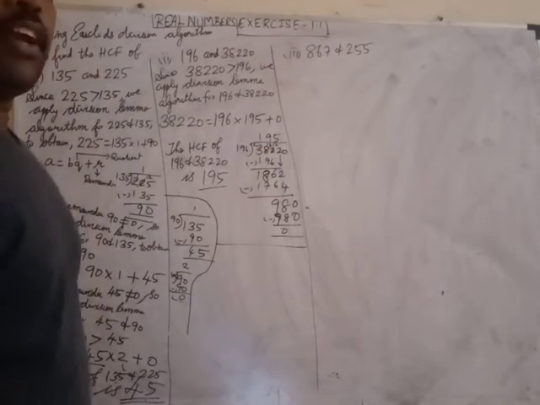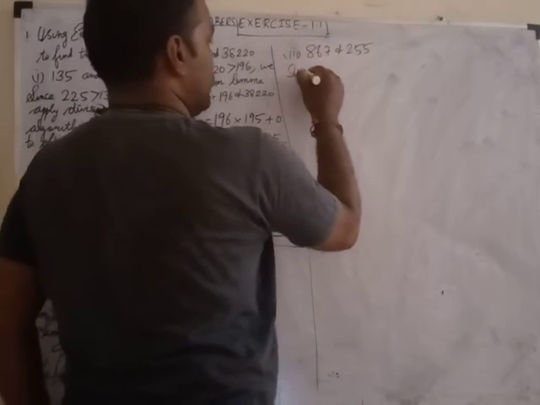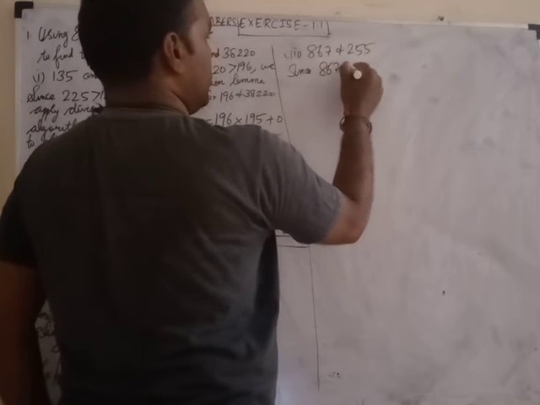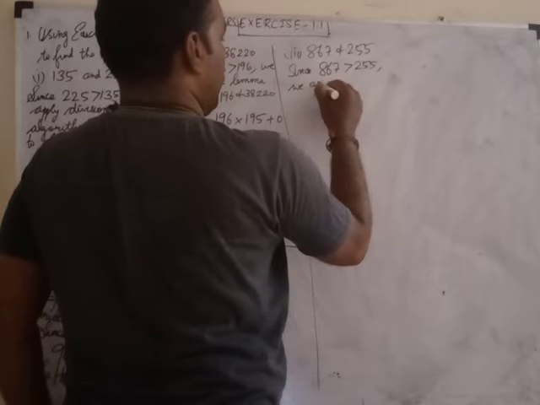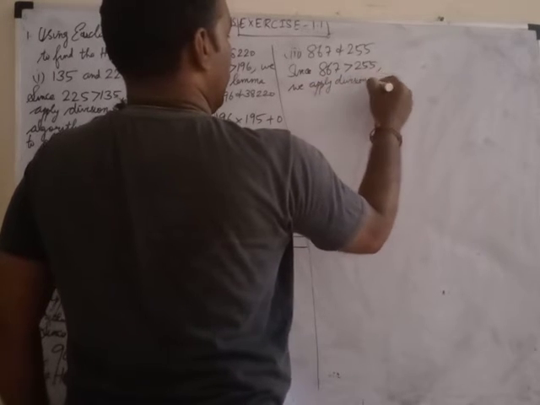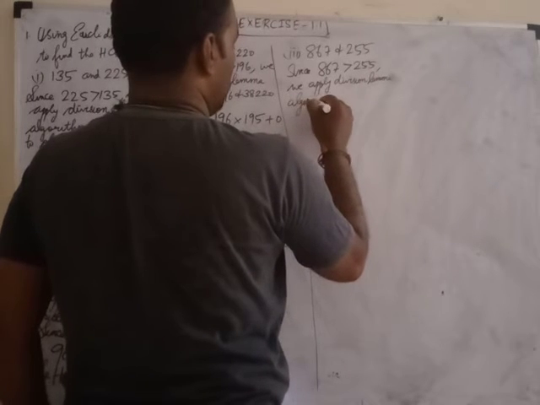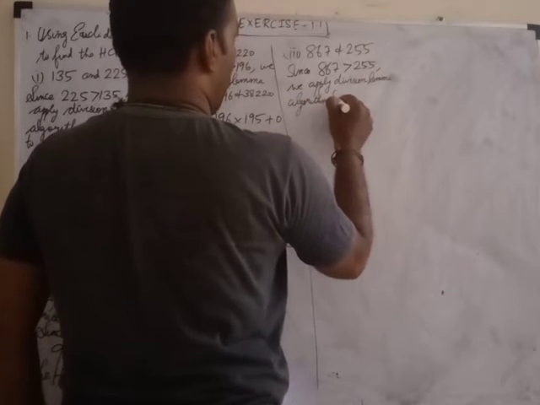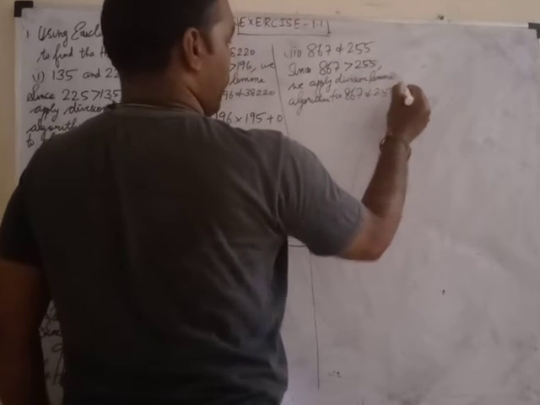The next one, 867 and 255. Since 867 is greater than 255, we apply division lemma algorithm for 867 and 255.